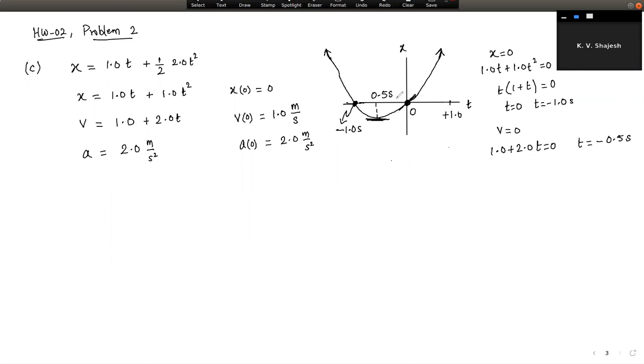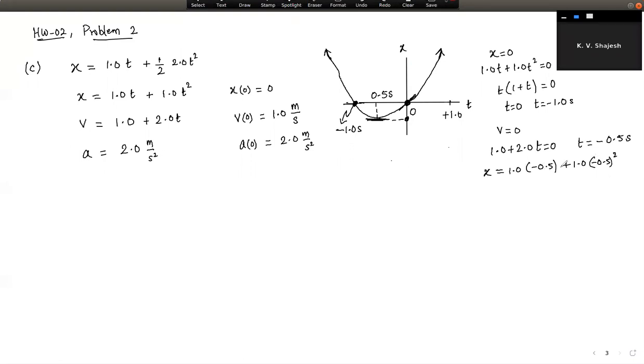Once we have that, we can ask what is the value of the position at that point, and that will describe the curve completely. So at t equal to minus 0.5 seconds, what is the position? x will be 1.0 times minus 0.5 plus 1.0 times minus 0.5 squared.